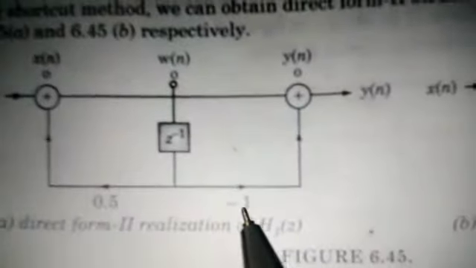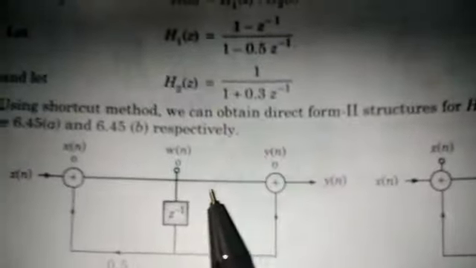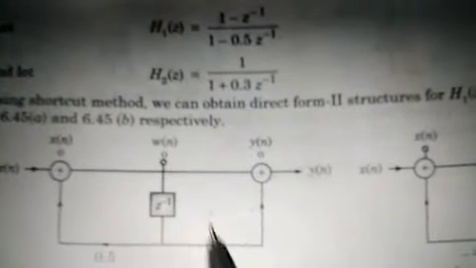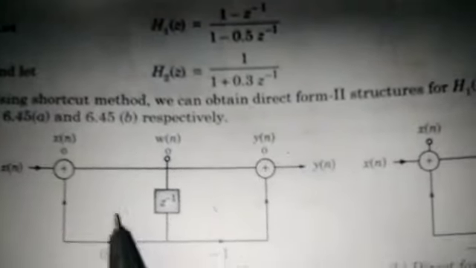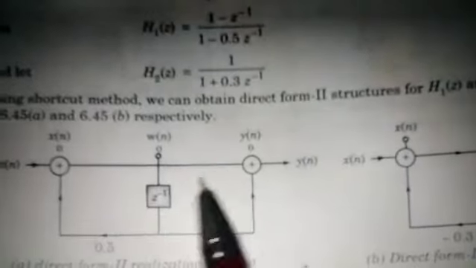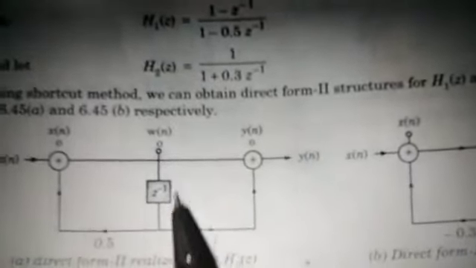So we will put here minus 1, the sign stays as it is, and this 1 is this line. So 1 minus z inverse represents this side and 1 minus 0.5 z inverse represents this side, and we connect these two. So this is the direct form 2 realization of H1 of z.